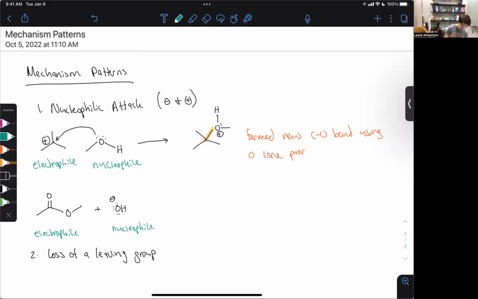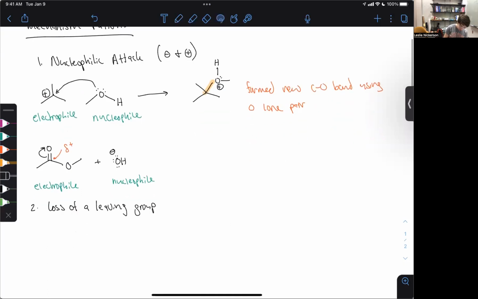If we're trying to figure out where on our electrophile we actually have something that's electron poor, we want to be thinking about this resonance structure where you can put a delta plus on that carbon down there. I should have given myself space to do that.